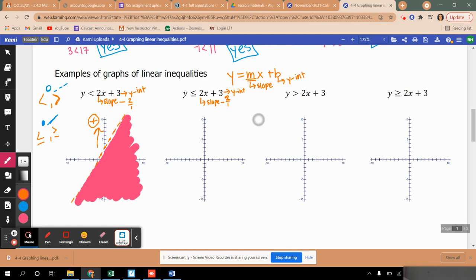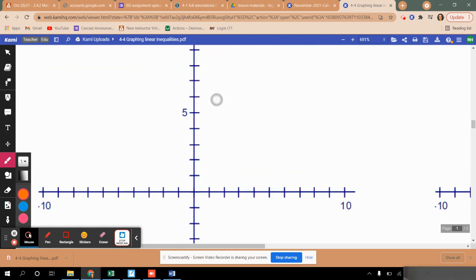We start off with our y-intercept, so we're going to look at our y-axis, grab 3, 1, 2, 3. Then use our slope of 2, so rise 2, run 1. Rise 2, run 1. Starting to look real similar to the last one, right? Down 2, run 1. Let's just keep making points, and then we can talk about how it's different.